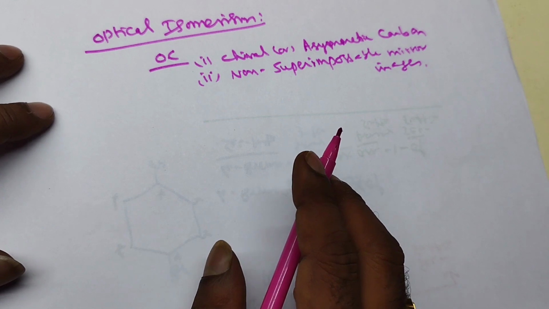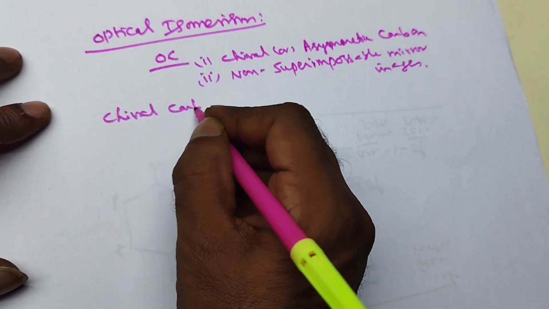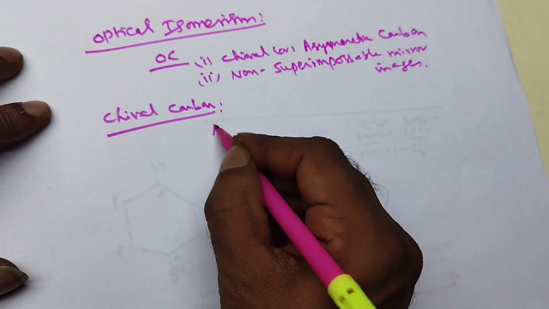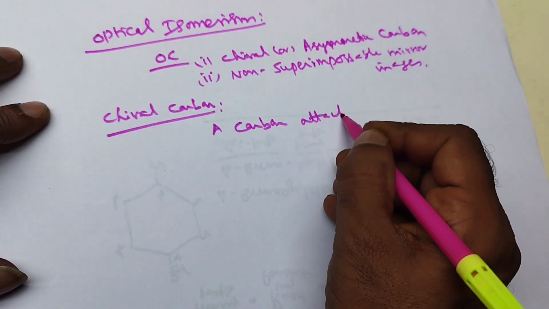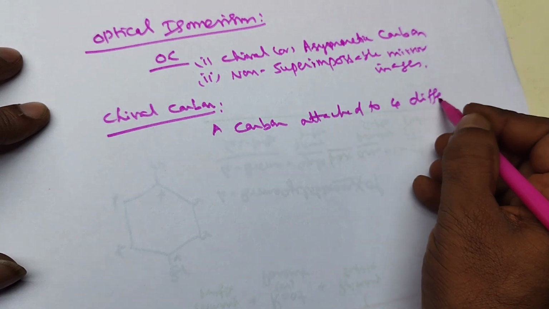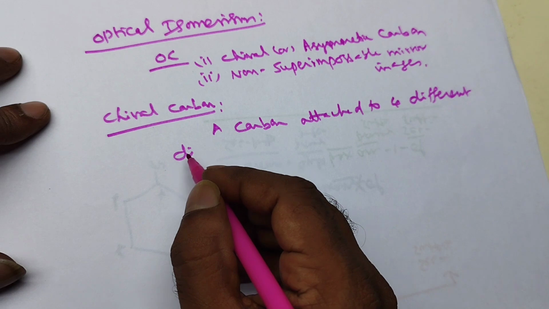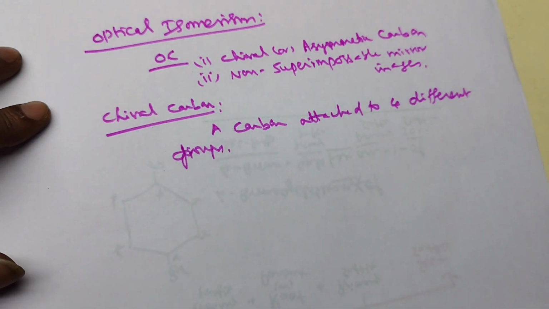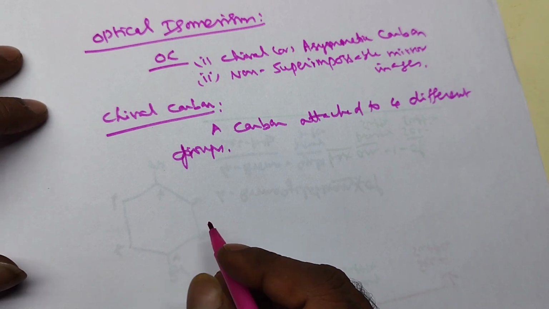First we will explain what a chiral carbon is. What is meant by chiral carbon or asymmetric carbon? A carbon attached to four different groups is known as a chiral carbon or asymmetric carbon.